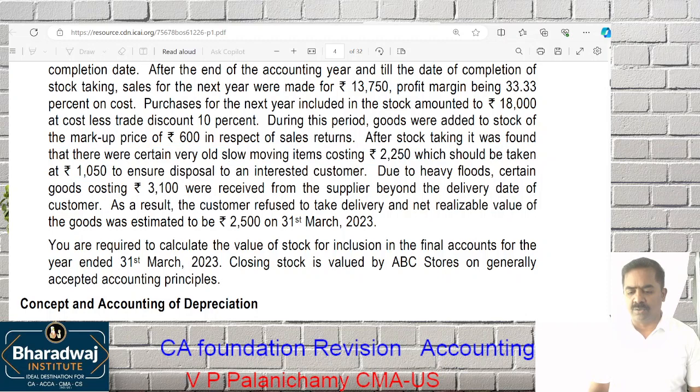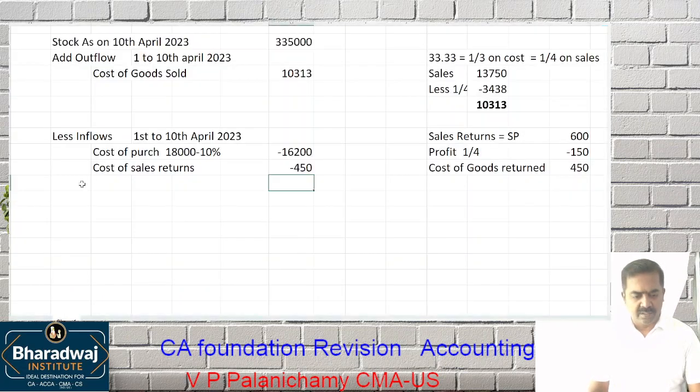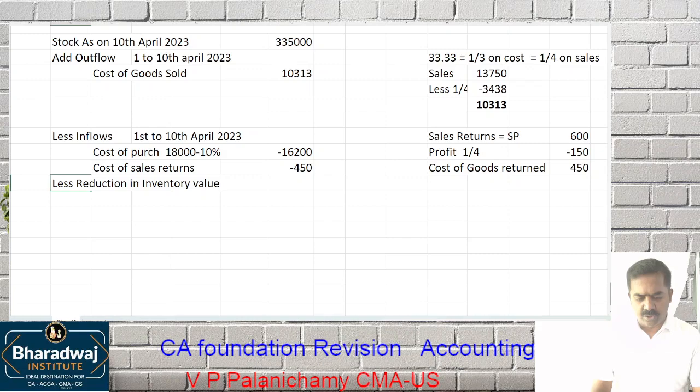Stock was taken at 2250, but what is the market price? 1050. So less reduction in inventory value. What is the reduction? 1000 rupees you provide for. This is not inflow or outflow, it is a separate line item.